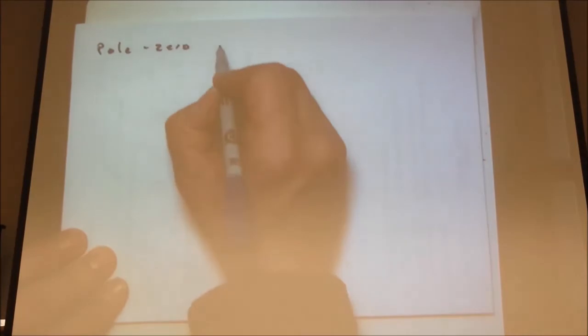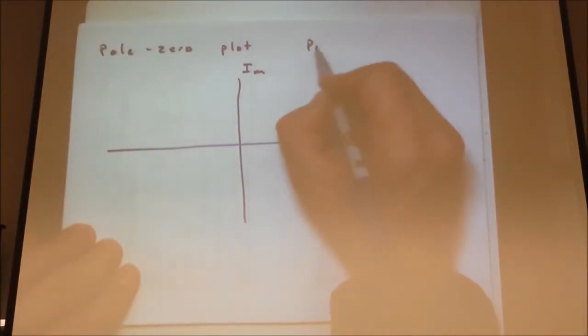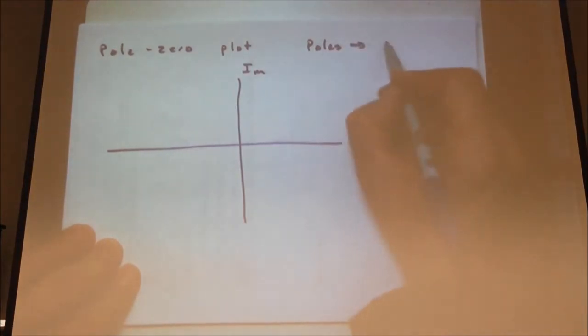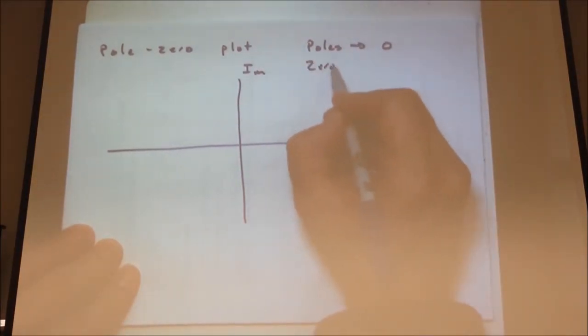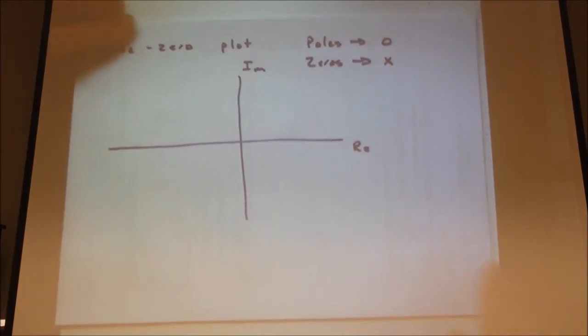So there is something called a pole zero plot, and we'll look at these. We're going to start looking at imaginary or complex numbers. So we have imaginary and real axes. We'll represent poles by O's and zeros by X's. No particular reason. There is a convention here, and I usually forget what it is, so I hope I got lucky.